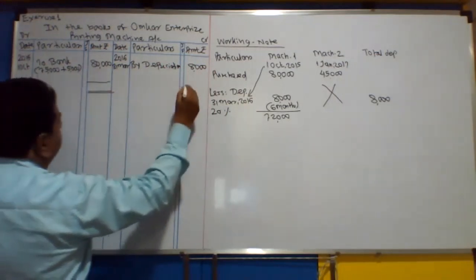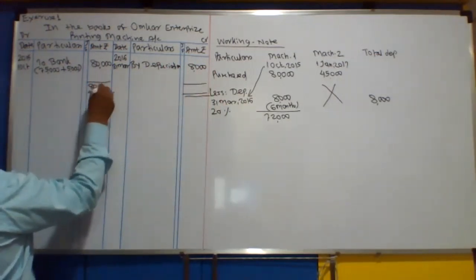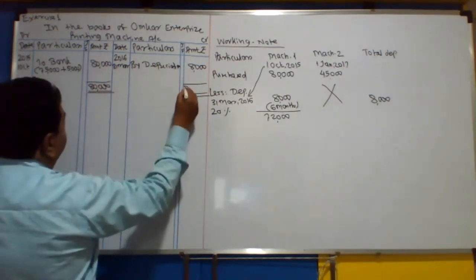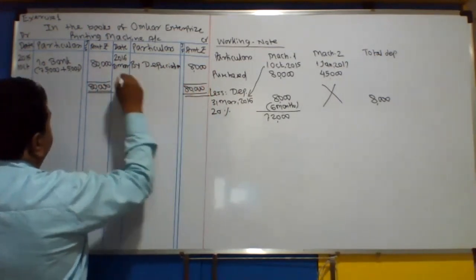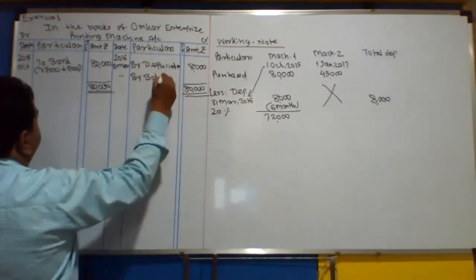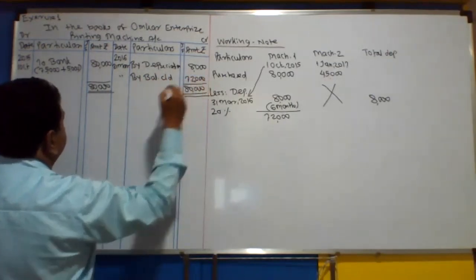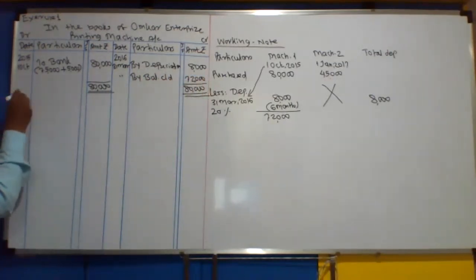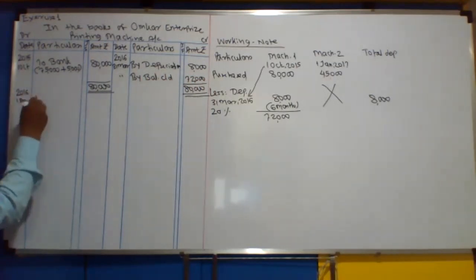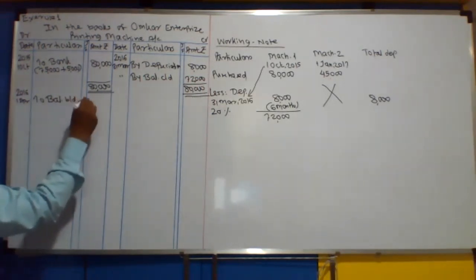Calculate the balance now: 80,000 minus 8,000. Balance is 72,000. By balance carried down. Here it is to balance brought down, 2016, 1st April.